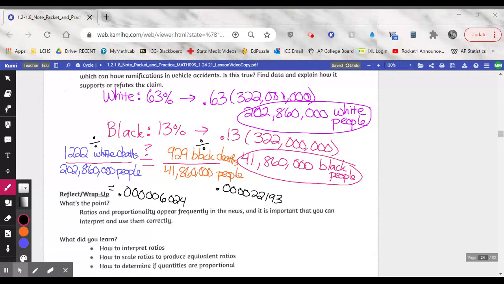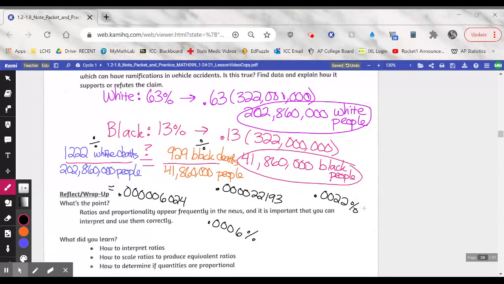So we can see that it's way more likely to look at the number of Black deaths compared to the number of white deaths. Okay, so this is like saying it is 0.0022% of the overall population, and this one is 0.006% of the overall population.